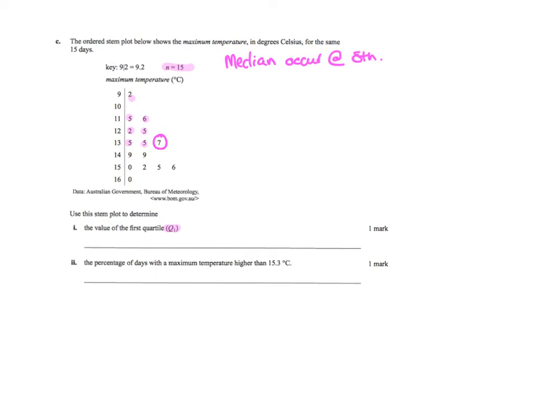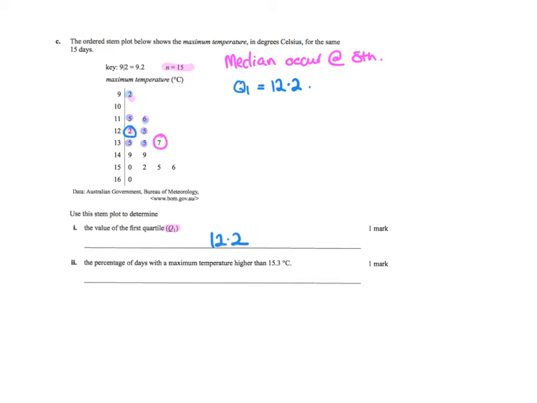Q1. If I've got 7 values below, what would the halfway mark be for Q1? The 4th? Really? See, because you go 1, 2, 3. Circle that. And have I still got 3 above it? 1, 2, 3. Good. So what number is that? Make sure you read the key. 12.2. Good. So we can write 12.2.